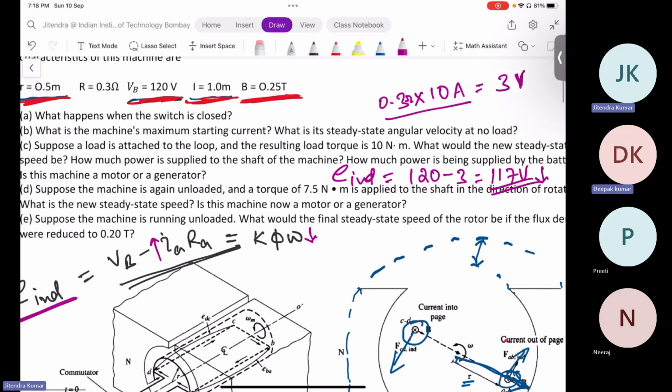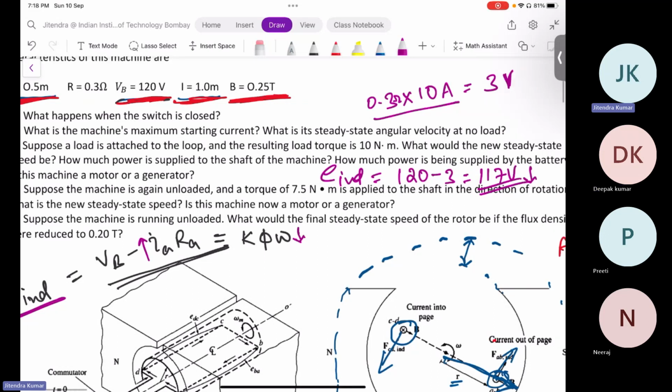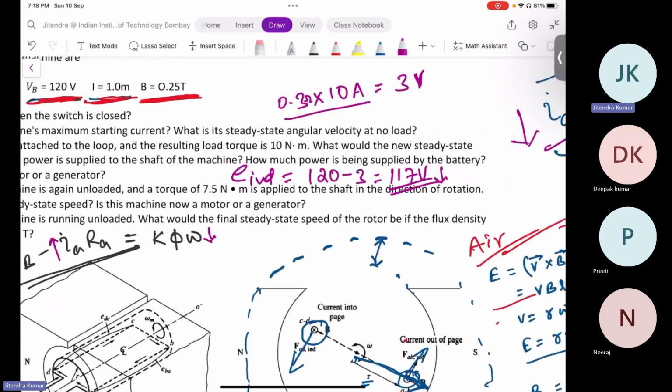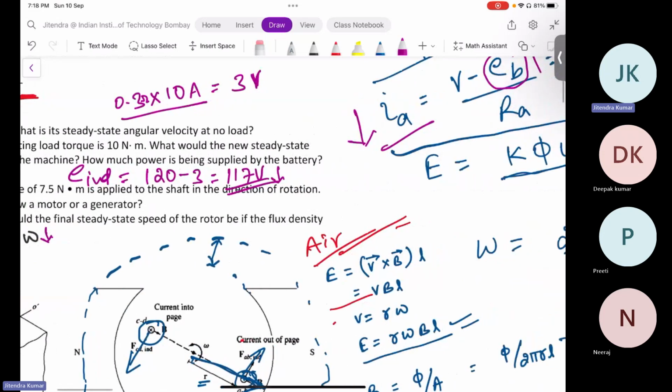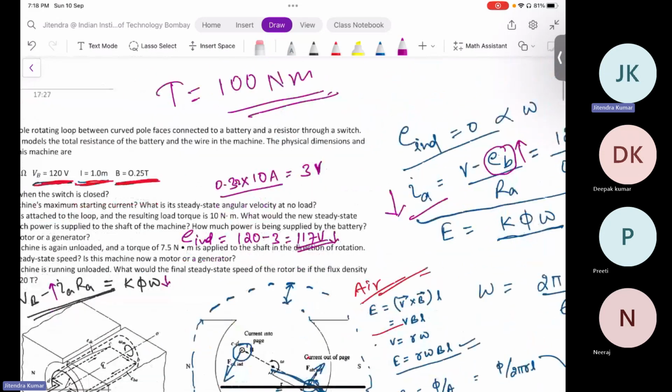Since you increased your current from 0 to 10 amps, your speed will reduce from whatever 480 radian per second was earlier. 120 volt corresponded to 480 radian per second. Now for 117 volt, what will be the speed?